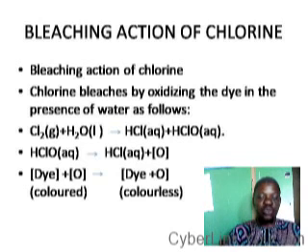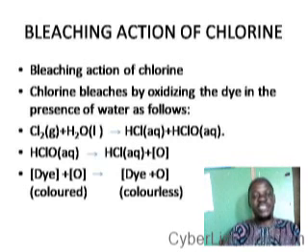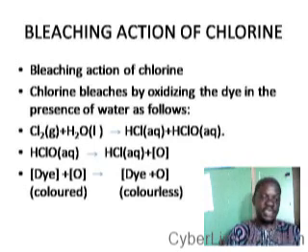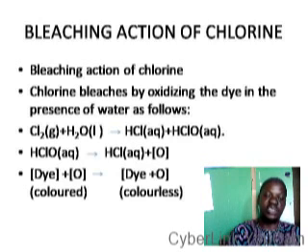So there are two different forms. It means sulfur oxide bleaches as a reducing agent. Chlorine bleaches as an oxidizing agent. Both of them require water for their bleaching action. So that is the main difference between the bleaching action of chlorine and sulfur oxide: sulfur oxide bleaches as a reducing agent, chlorine bleaches as an oxidizing agent.